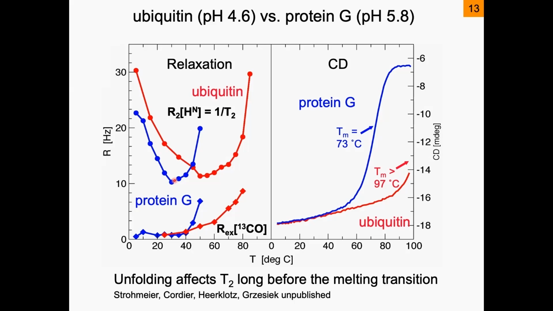And you see it not only on the amide proton, where you can do this very, very quickly, but we also measured exchange broadening on the carbonyl. It follows the same trend. So when you wonder why your protein looks so bad, it may just be because it's already in this kind of regime. Interestingly, for ubiquitin, we tried to get very high concentrations.